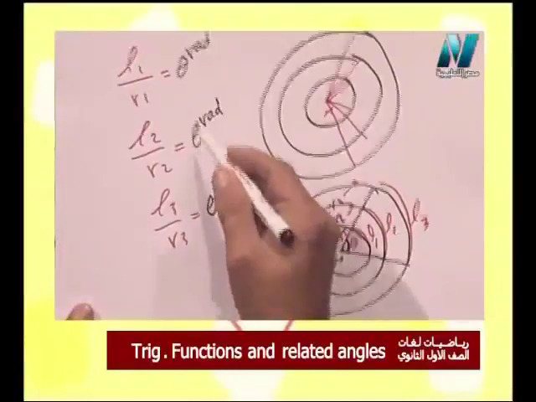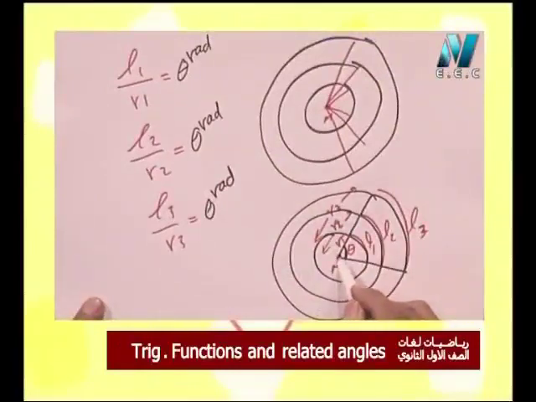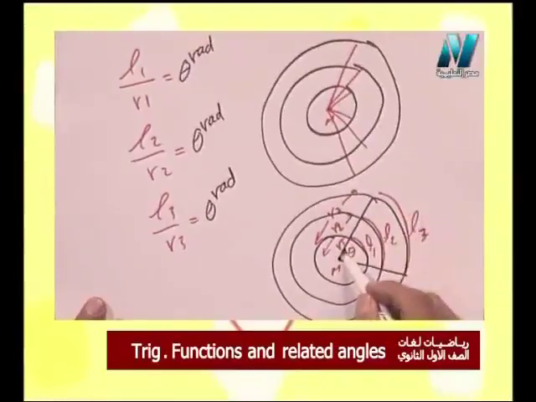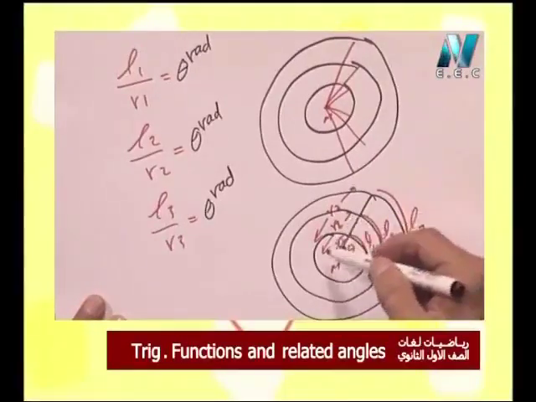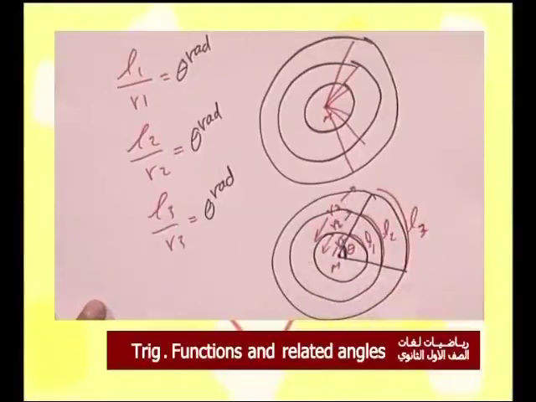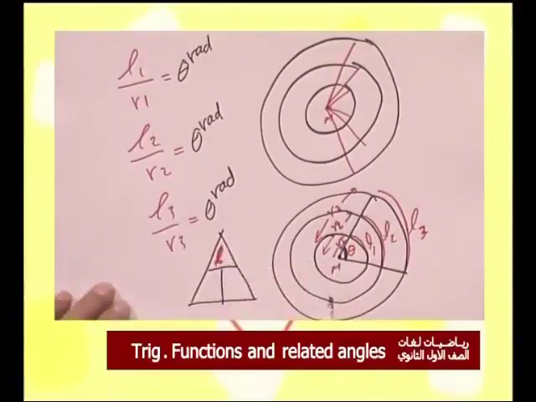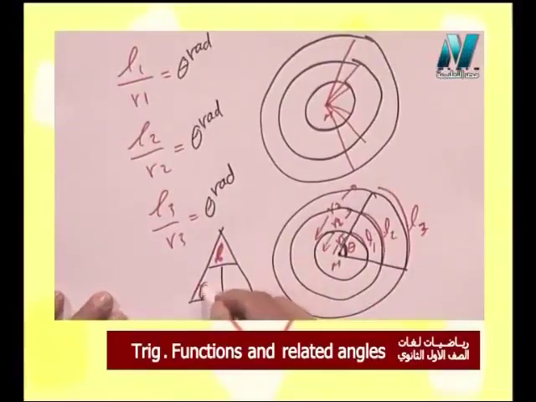So we have the same central angle for many circles that have the same center, and different lengths of arcs which are opposite to the same theta, which is the central angle, and different lengths of radii. So we go to this rule. We have here a magic triangle to write this rule. We have L, which represents the length of the arc, and we have here theta rad and radius.